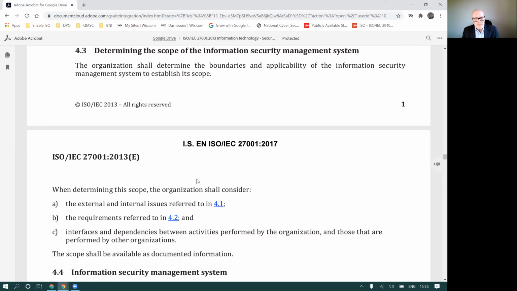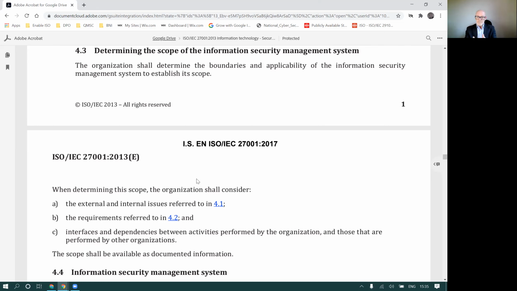In this case, it's stating something completely different. So it's looking for the organization to consider interfaces and dependencies between activities performed by the organization and those that are performed by other organizations.